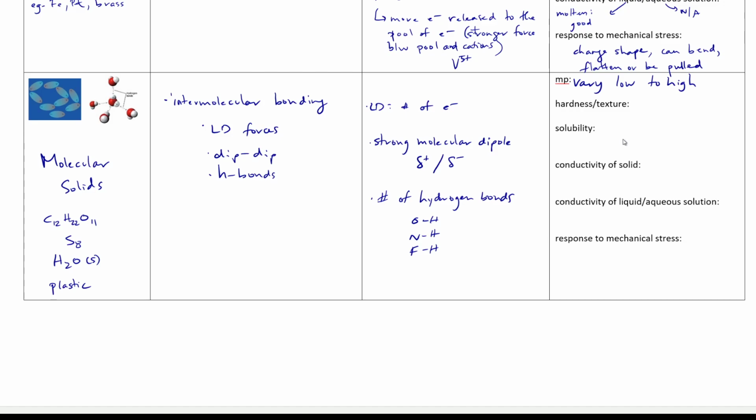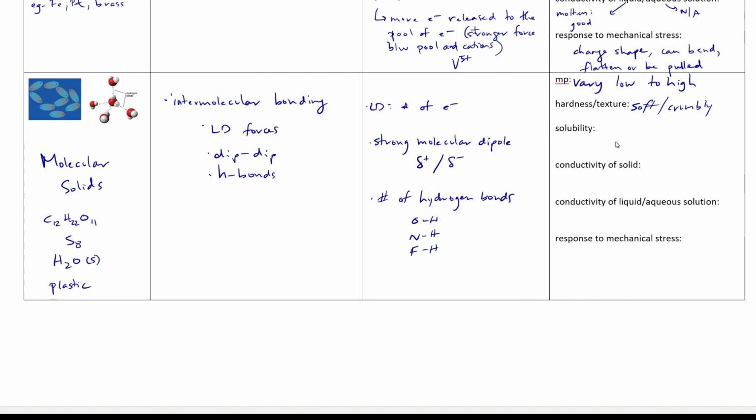And we know, for example, plastics are huge molecules because they're made up of these large molecules called polymers. And these polymers have so many electrons in them that it creates a very, very strong solid. So the hardness, though, it depends, right? It can become soft, right? Or crumbly. But again, it also really depends on the types of intermolecular forces that are present.